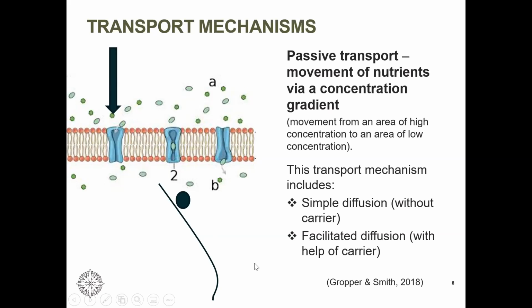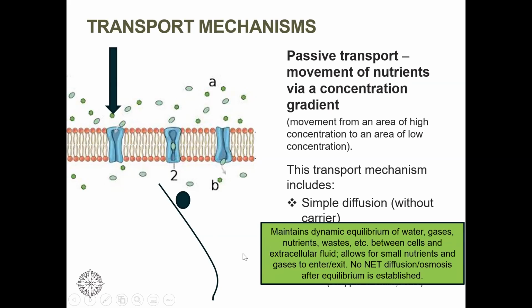So again, kind of some friendship going on between the carriers and between the nutrients as well as the cell membrane. That's how I like to see the role of different nutrients in our body. They help each other out. So again, kind of reiterating that passive transport maintains dynamic equilibrium of water, gases, nutrients, waste, etc. between the cells and the extracellular fluid.